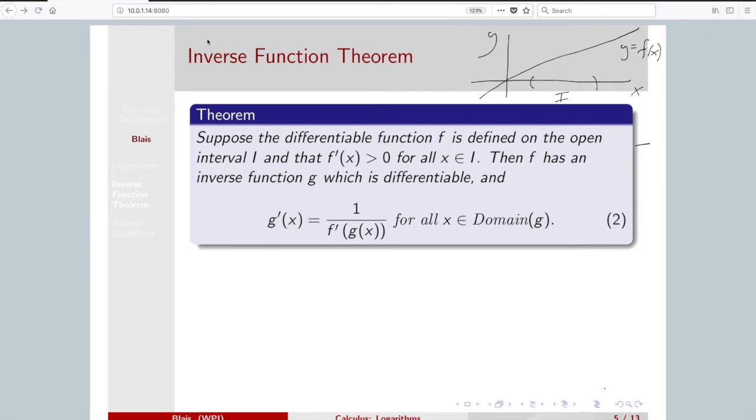That means that the graph of the function passes the horizontal line test over that interval, which means it can be inverted. So this first sentence sets up that there actually is an inverse. So we can conclude f has an inverse on that interval, and it's differentiable, and this is its derivative.